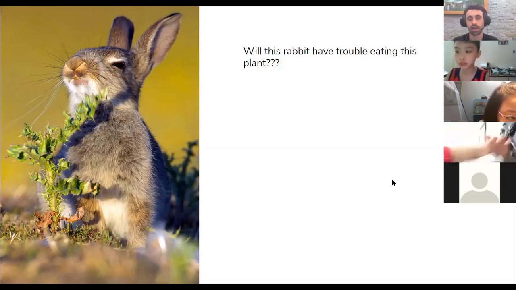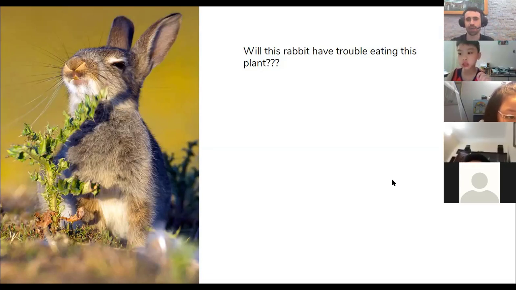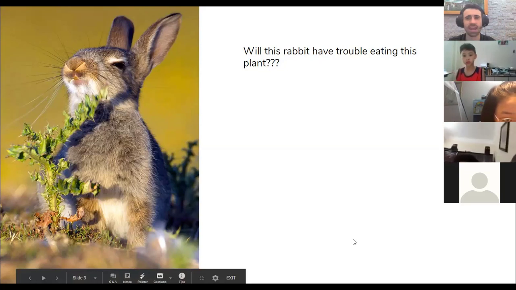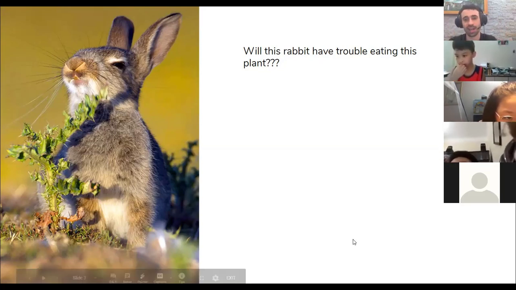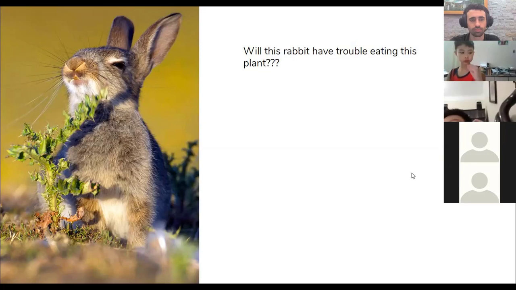No. Why not? Because it has spikes. Yeah, it has spikes. Some animals can eat spikes. They're very good at it, but I don't know if a rabbit is good at it. Harry, what do you think is going to happen? The rabbit might get hurt. Okay.